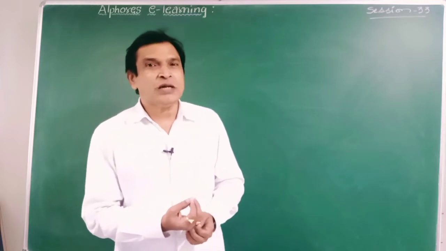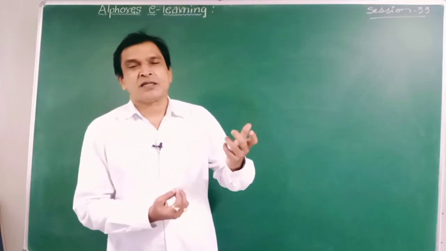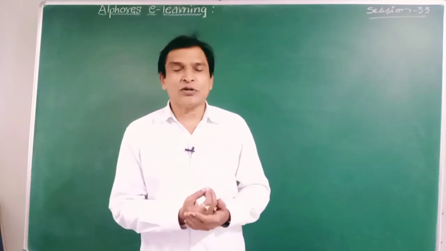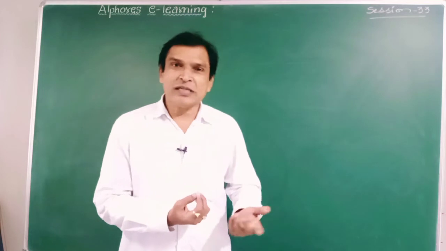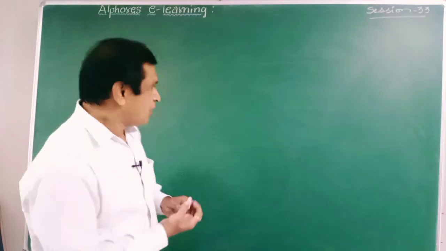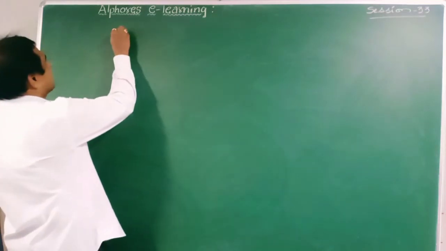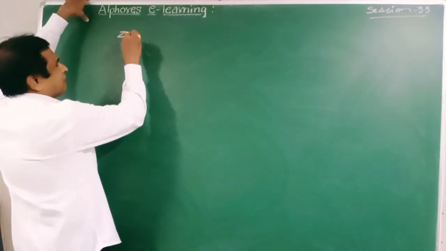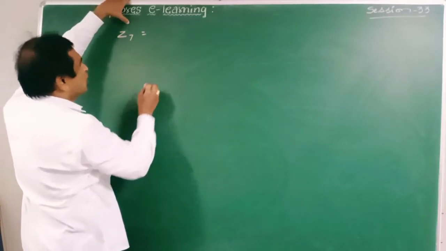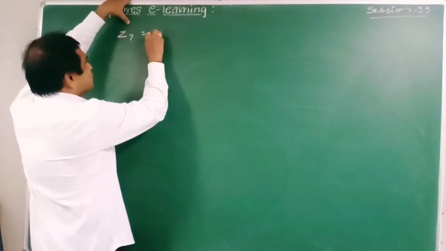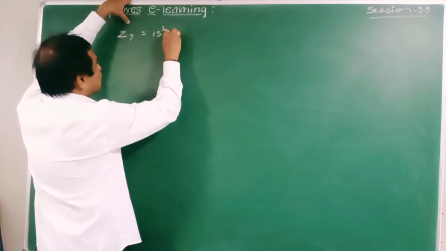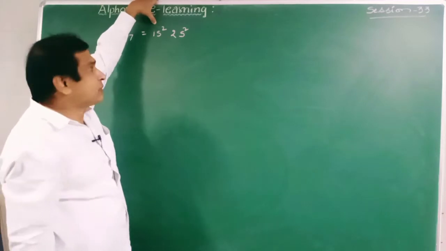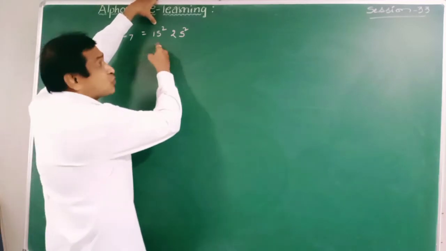Now let us practice 2-3 examples of how to write electron configurations based on the Aufbau principle. Let us take the first element, with atomic number 7. The electrons go first into 1s2, then the next into 2s2 according to the Aufbau principle, following the diagram.